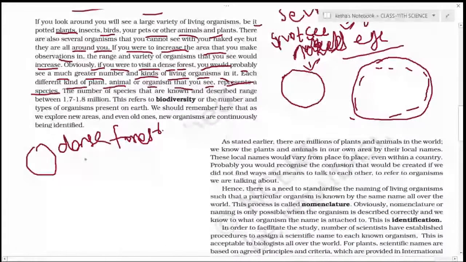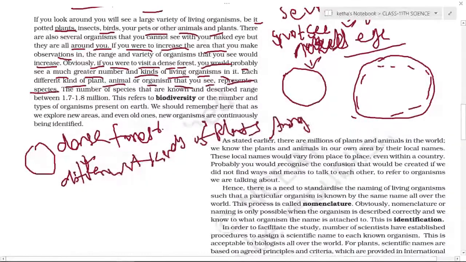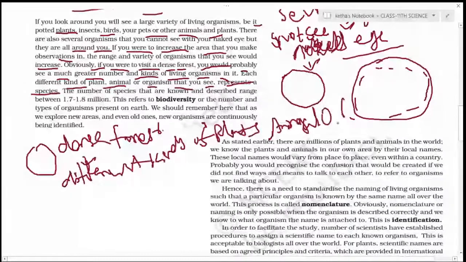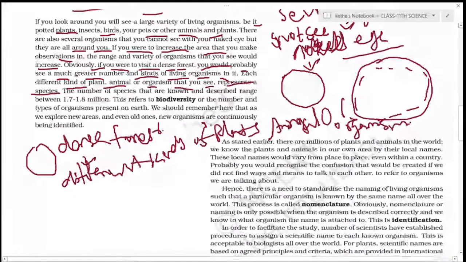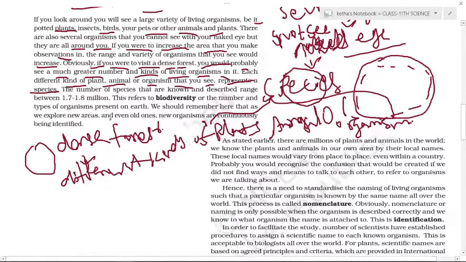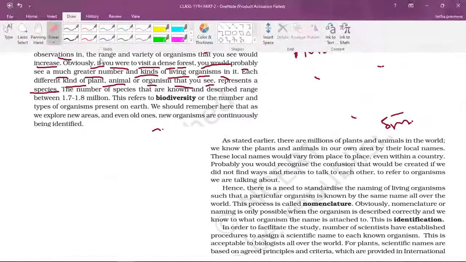So the different kinds of plants, animals, or organisms in a dense forest all come under different species. Now next.